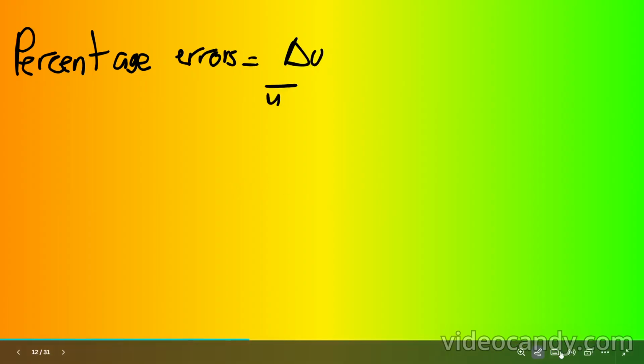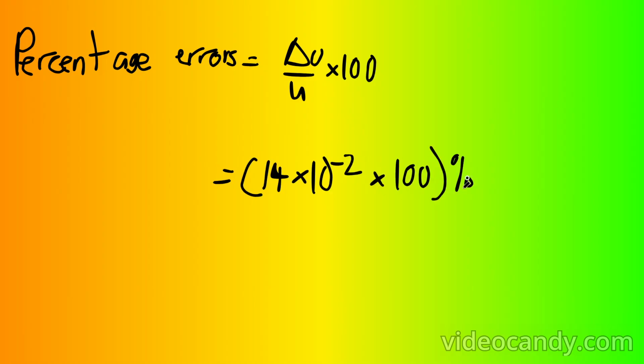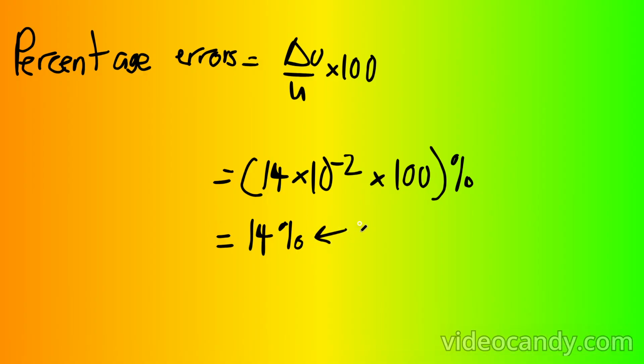And the final step, the last one, is percentage error. Percentage error is triangle u per u times hundred, so equal to 14 times 10 kuasa negatif 2 times hundred, so equal to 14.